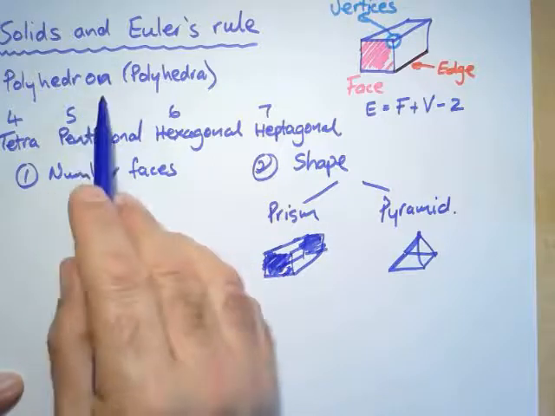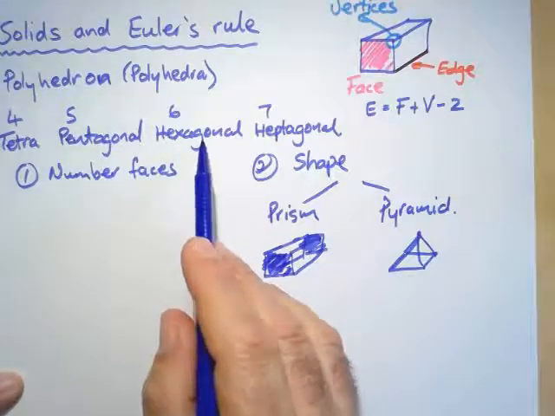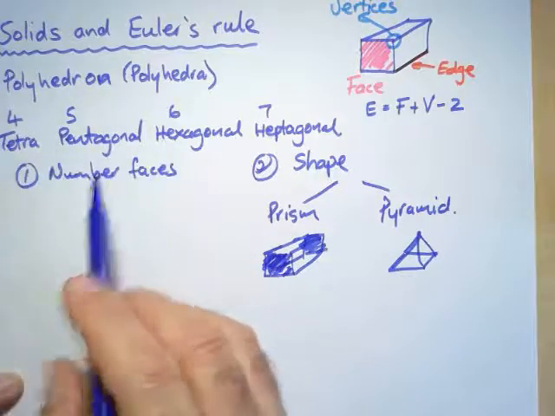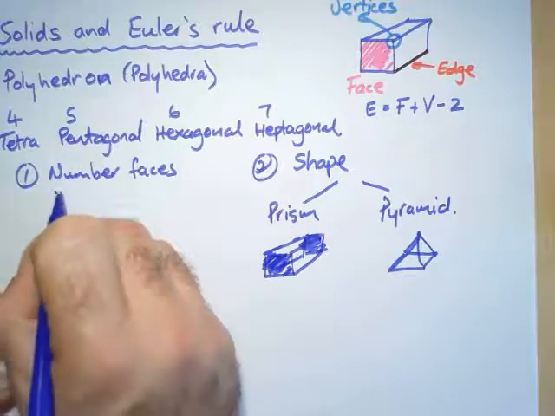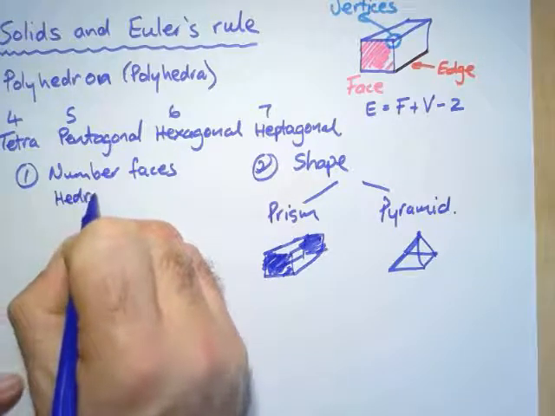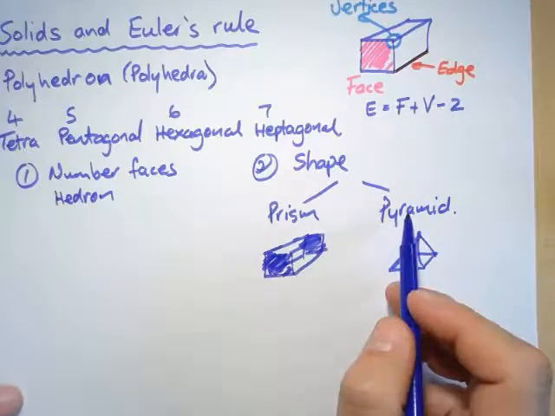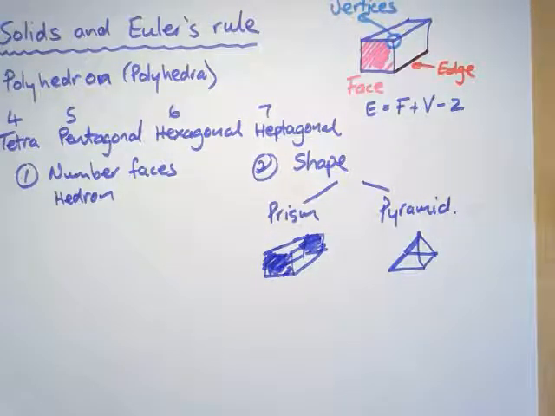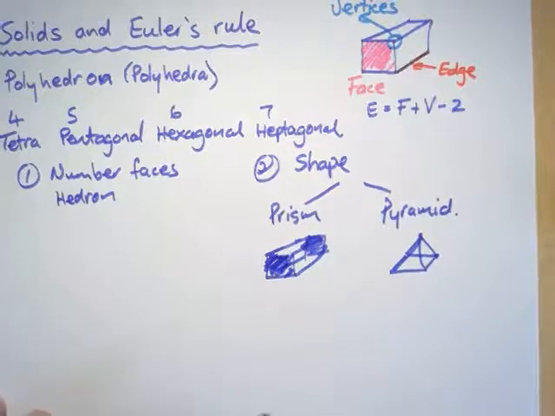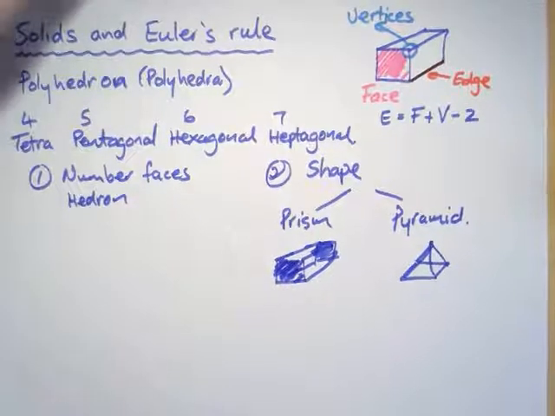Hexagonal, 6-sided face. So according to the faces, we say hedrons or hedron, and here we say prism or pyramid at the end. The more we do of that, look at the examples, you'll be able to see what I mean by that.